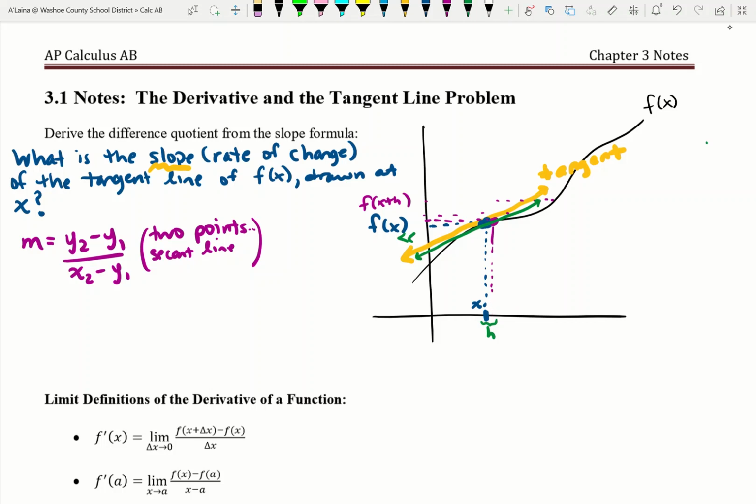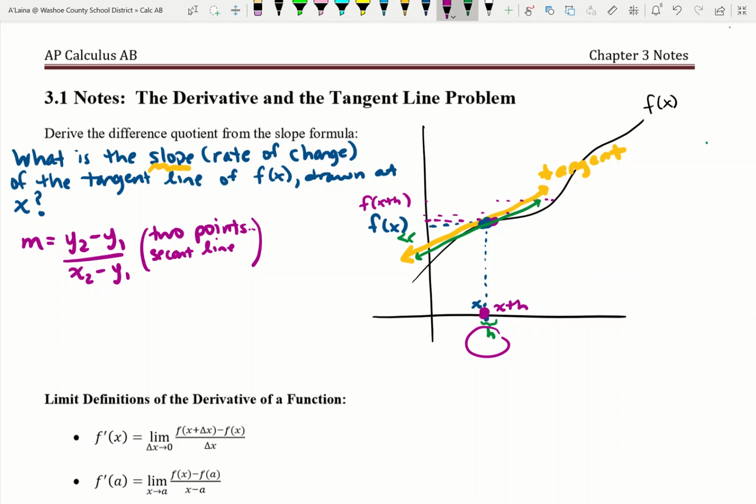It'd be so cool if f of x plus h was right on top of it. If those two points could approach each other so closely that h went to 0, then I could make them so close together that when I do my slope formula, I could get a very close approximation to the tangent line. What I'm talking about is making this value of h as close to 0 as possible.